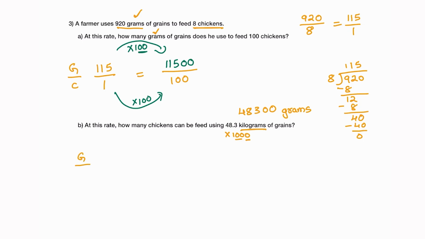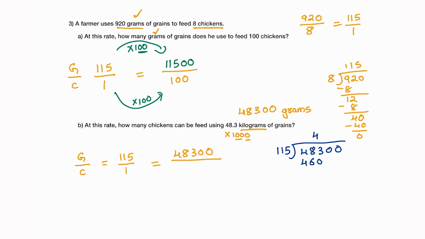Again, we say grams and chickens. 115 over 1 equals to, now we are given the grams here, so we say 48300, and we need to find the number of chickens here. So let's see if 115 goes into 48300. So we do the calculations here. 48300 divided by 115. So 115 times 4, right? 100 times 4 is 400, and 15 times 4 is 60.